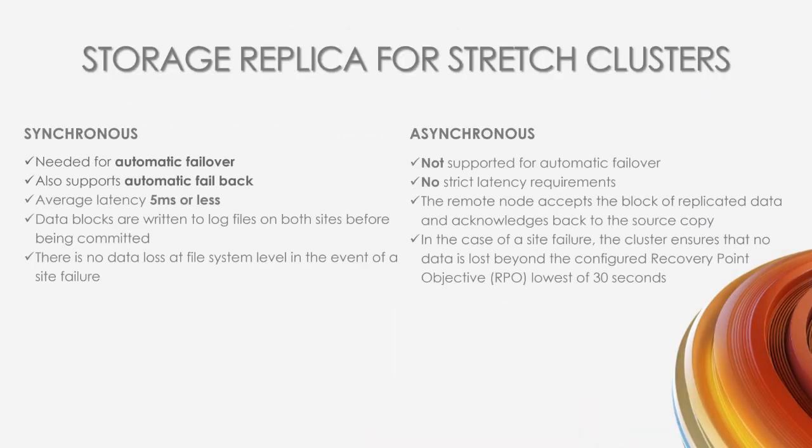And let's move into the stretch clustering and storage replica section. Storage replica is supported for active-active and active-passive, obviously, and you can set up configurations for both to support synchronous and asynchronous replication at the volume level. So we can design to provide the required recovery point objective and recovery time objective for each specific volume and associated virtual machine workloads.